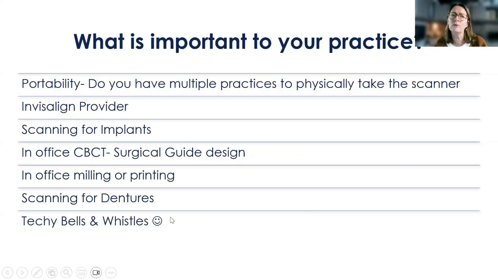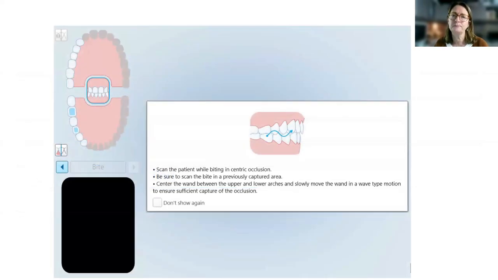Why is that important to your practice? There's lots of different items that different scanners have on them that you can select from. And knowing what's important to you and what the future of scanning might look like to you personally helps aid in making the decision about what type of scanner you might be interested in or learning more about.